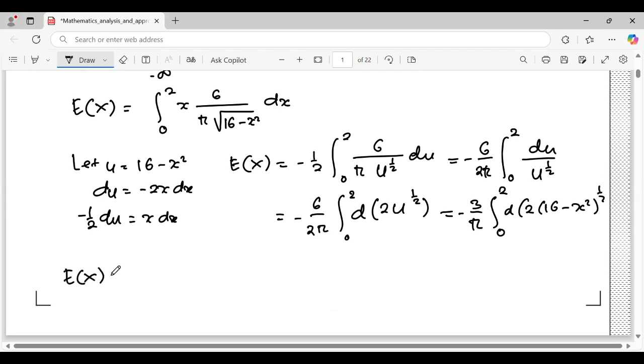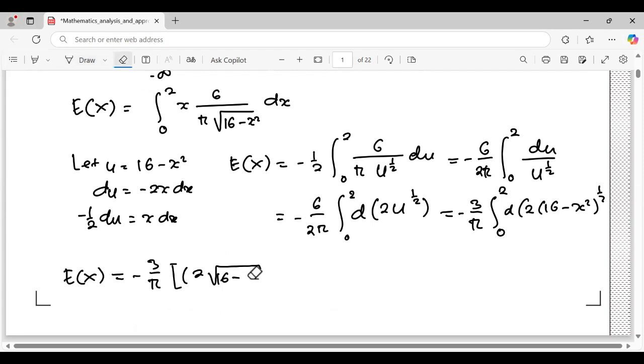So E(x) equal minus 3 over pi times 2 square root of 16 minus x squared, from 0 to 2.